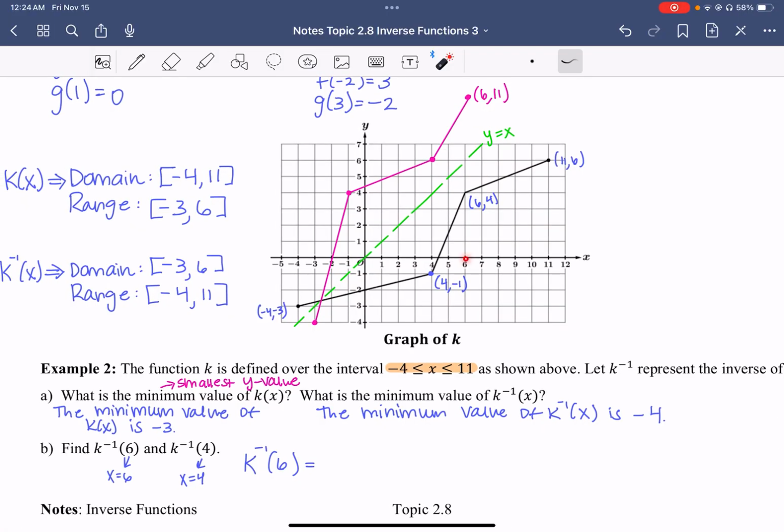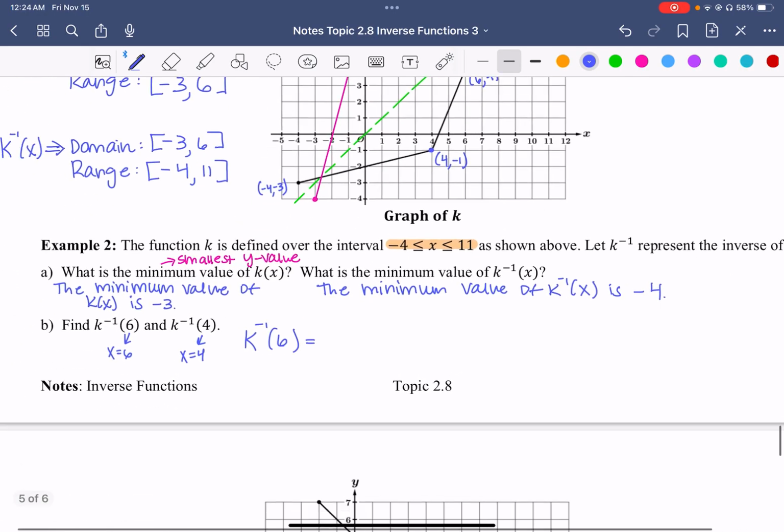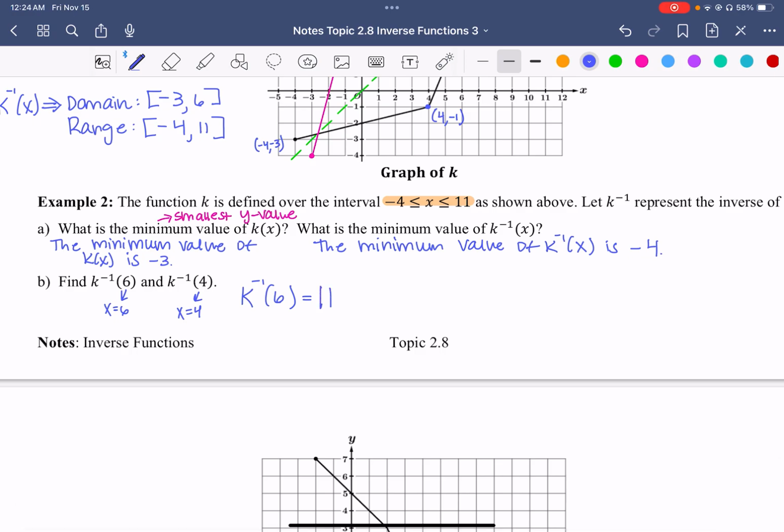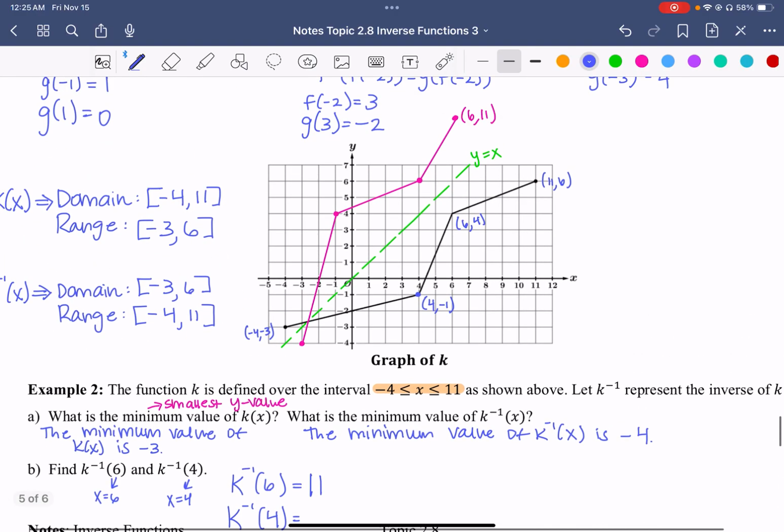So when x equals 6 and I go up to the pink line, I have a point at 11. So the inverse of k of 6 is 11. Next, we're going to do the inverse of k of 4. So I'm going to go to where x equals 4, and I'm going to go up to the pink, and at x equals 4, that y value is 6.